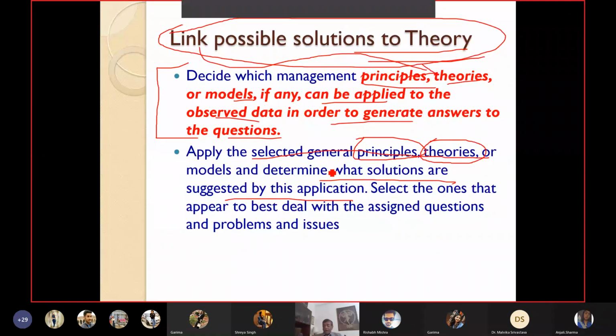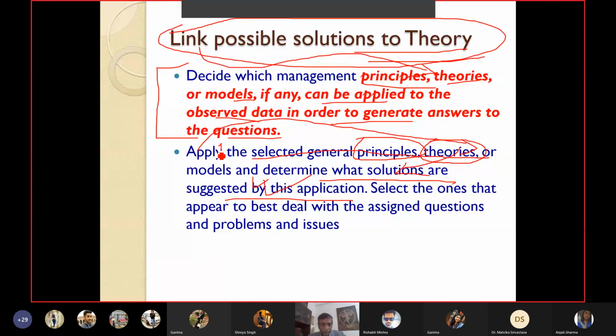You can study this and try and refer to a case and say how goal setting really works. You apply the principles and theories and determine what solutions are suggested by this application. So apply the theories and arrive at the solutions.